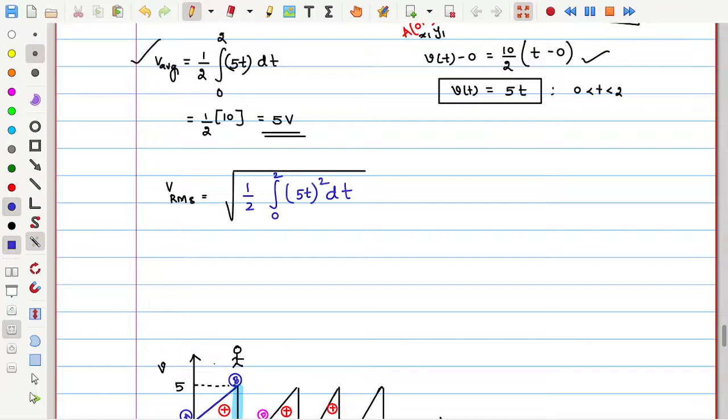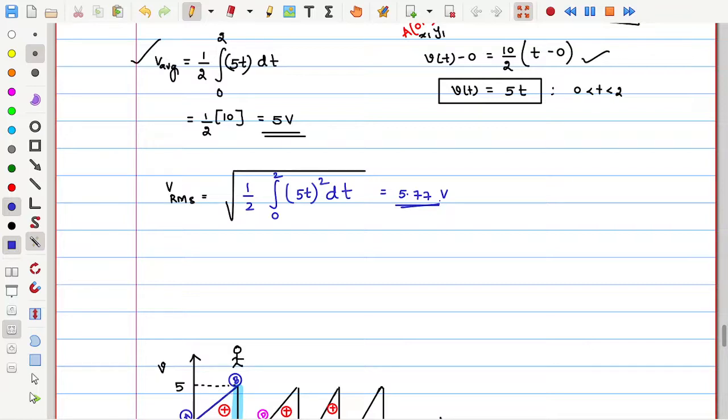So the total value is 5.77 volts. Whether anybody got it or not, check it. RMS value, volts. Is that correct? Anyone got it? Okay.